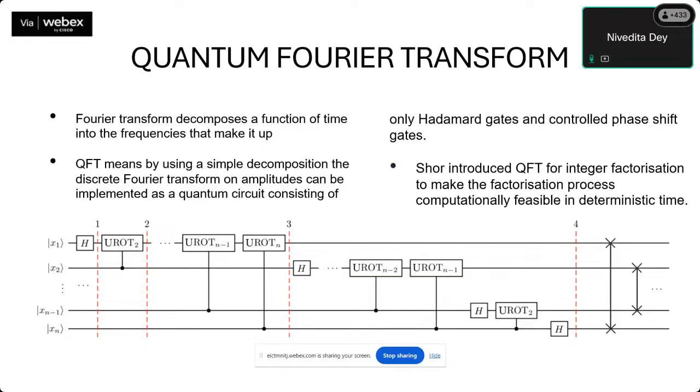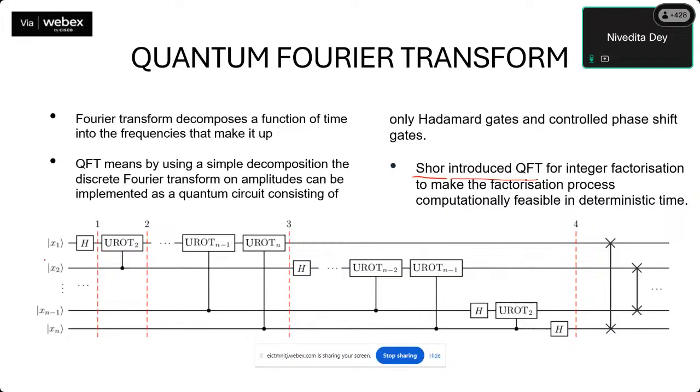Using a simple decomposition, the DFT on amplitudes can be implemented as a quantum circuit consisting of Hadamard and controlled phase shift gates. Whenever you study Shor, you will be introduced to QFT.